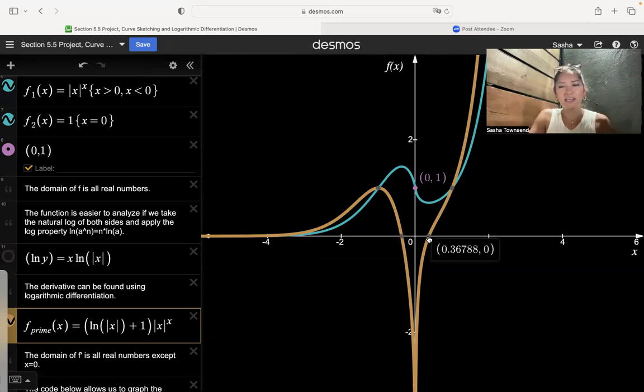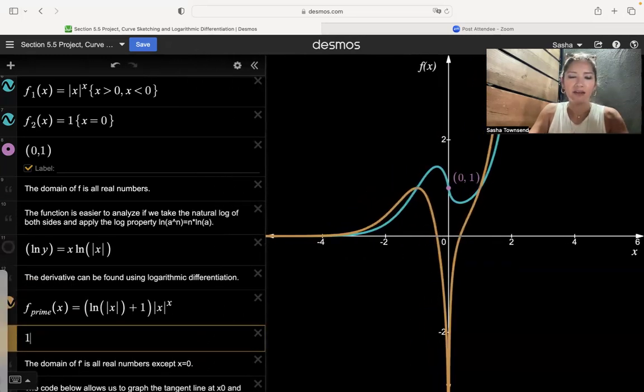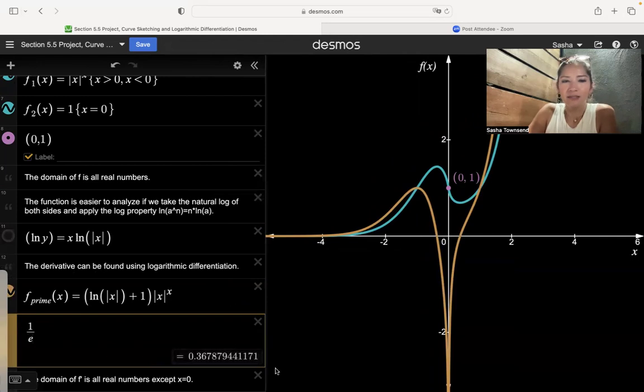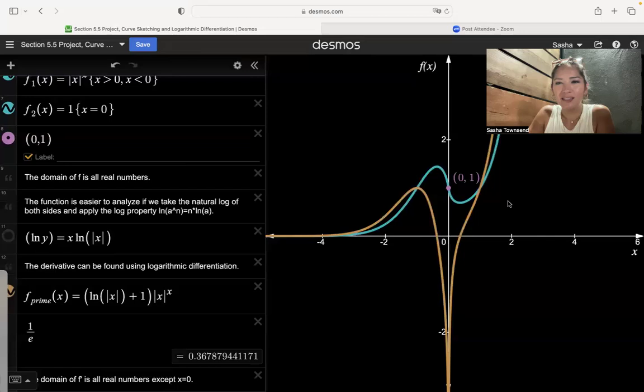We actually did the work analytically, and we said that that was plus or minus 1 divided by e. So let's type that in, 1 divided by e. We see that that's the same value that we get on here for the zeros of that f prime. And what else do we see?